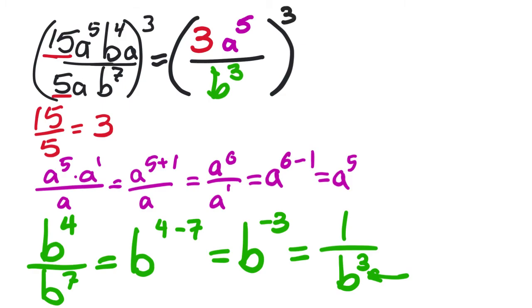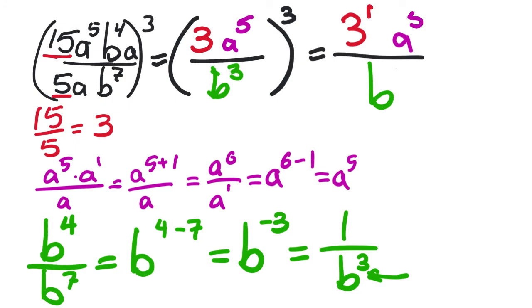So now I can take all 3 of my bases, which is 3, A, and B. All right, and let's look at their exponents. So 3 has an exponent of 1. It's a phantom 1 in the original expression we just wrote. A has a power of 5 and B has a power of 3.